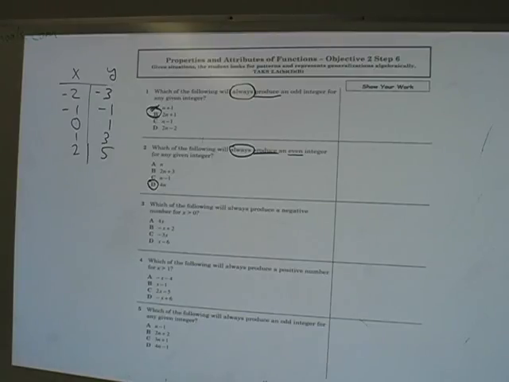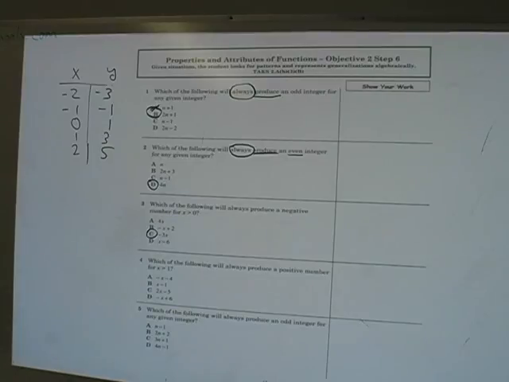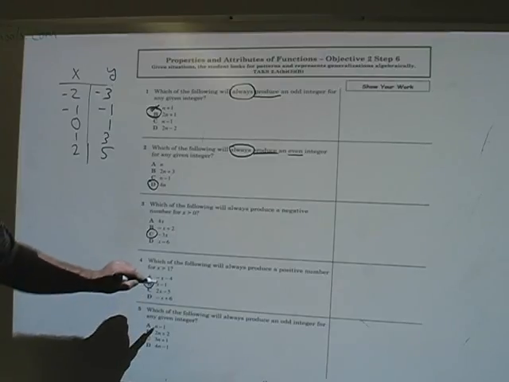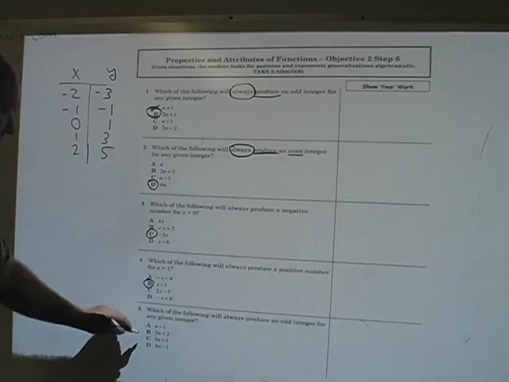Go ahead and write down the next answers. Number 3 is C. Number 4 is B. If you want to pause while you work these, go ahead and hit the pause on your video.